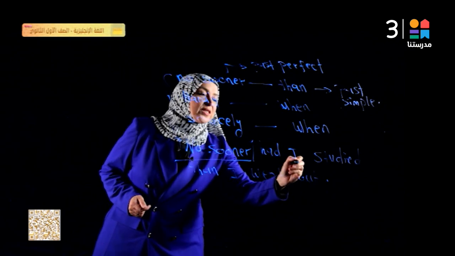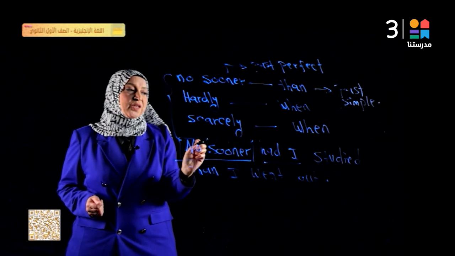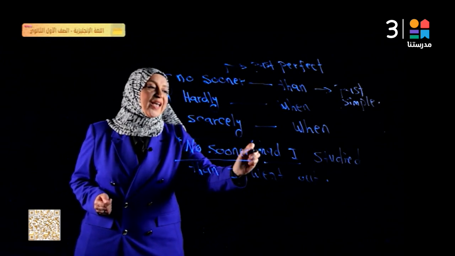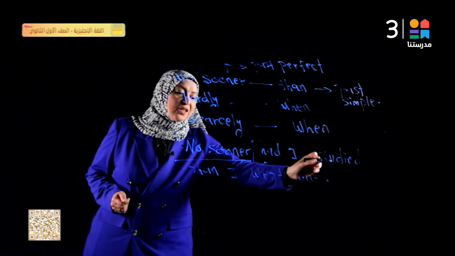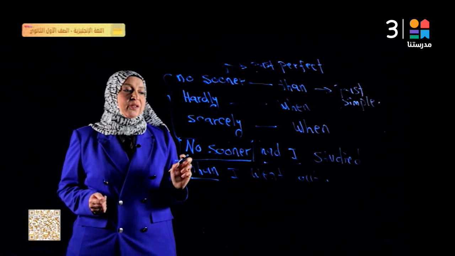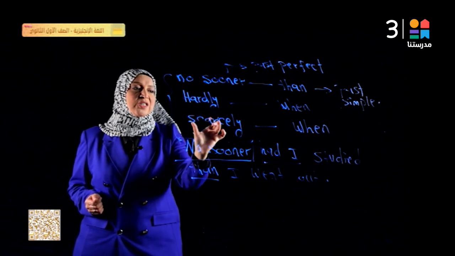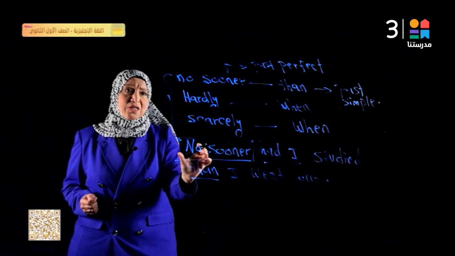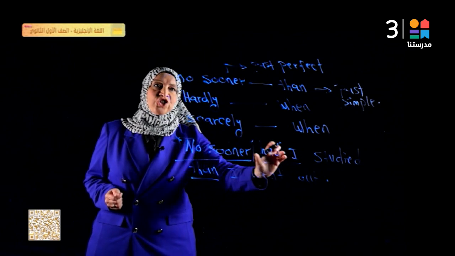So we should use the past perfect but in a question form, interrogative form. We say had I, not I had. No sooner had I studied than I went out. So if you use the word no sooner, the word hardly, the word scarcely at the beginning of a sentence, you should use a question form. Had I, had they, had she.